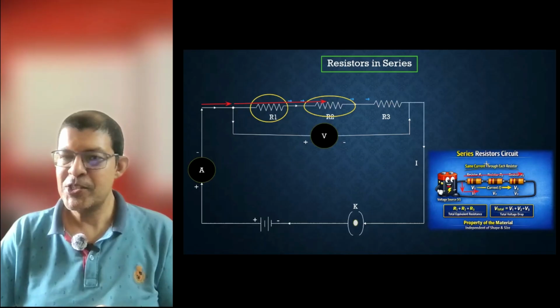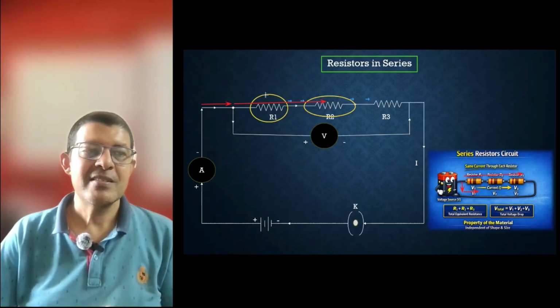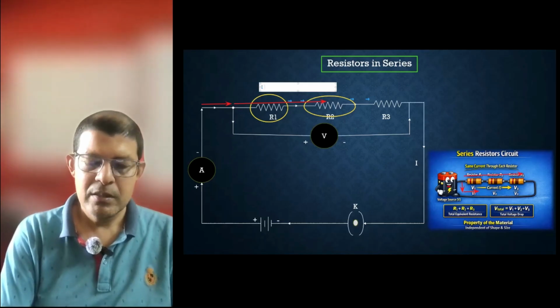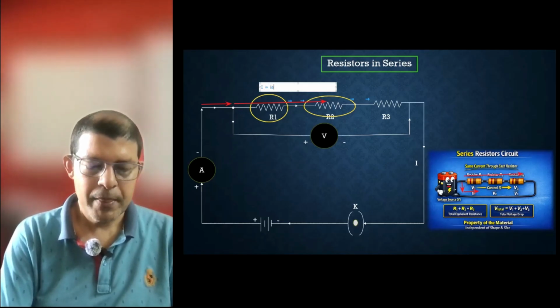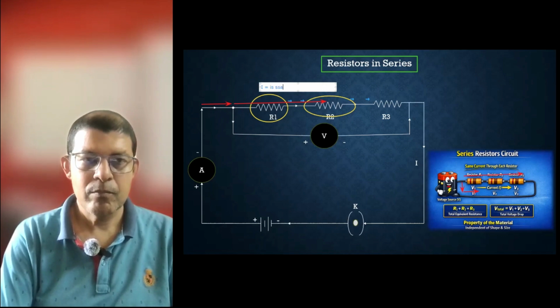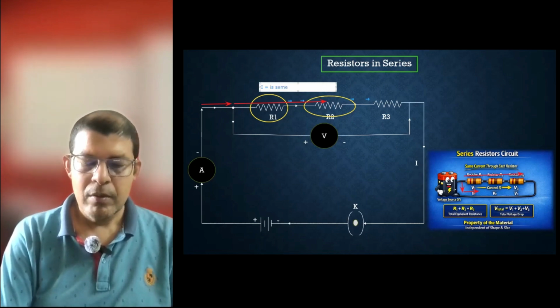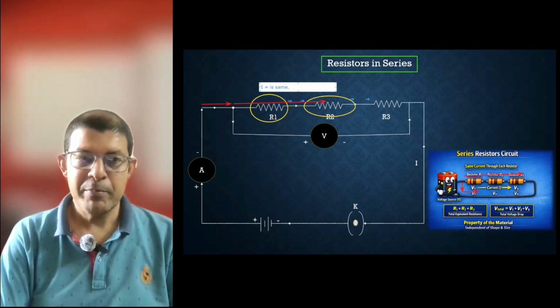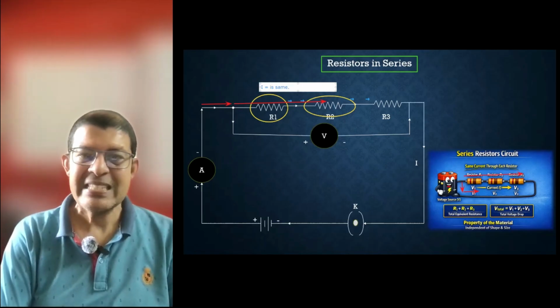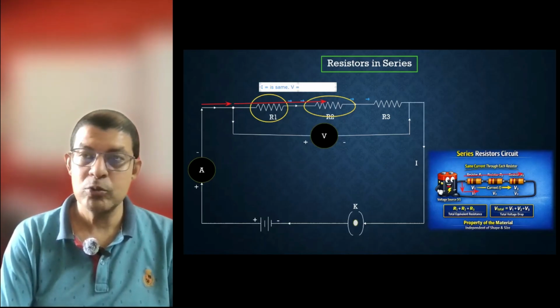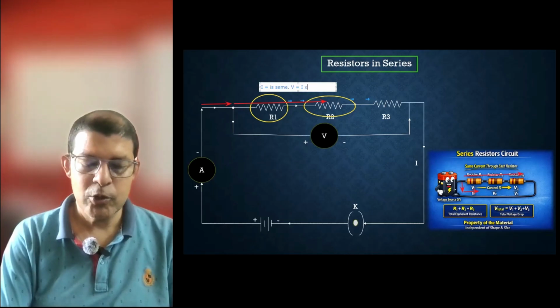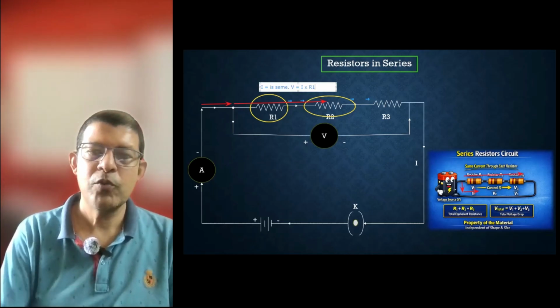Now, in a series combination, current remains same. What remains same? Current is same. So because current is same, we can measure the potential drop across each resistor. And because V1 becomes equal to current, which is the same current, into R1 for the first resistance.